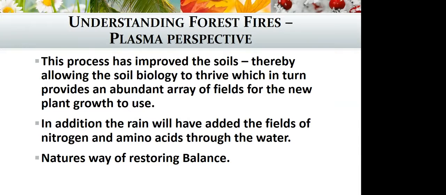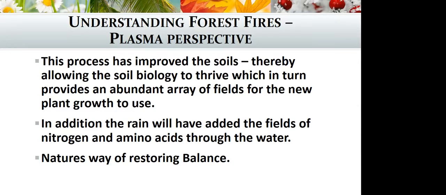In addition to the rainwater, we also have the added fields of nitrogen and amino acids coming through the rainwater, which all add to the growth of the plants. So essentially, it's another way of nature restoring balance through a fire.